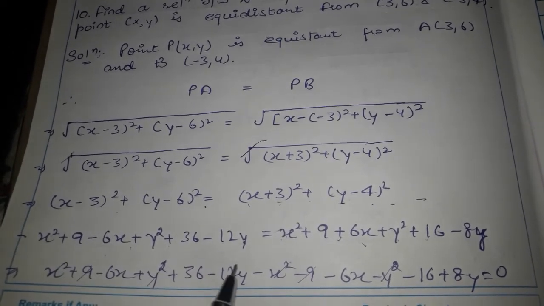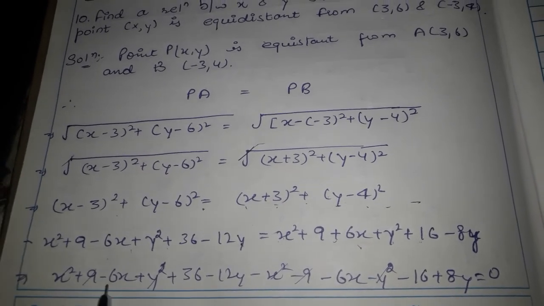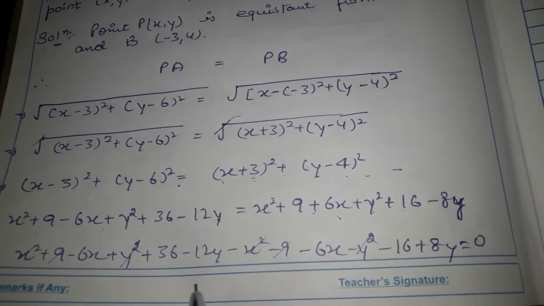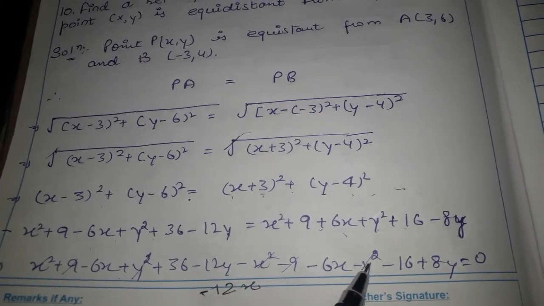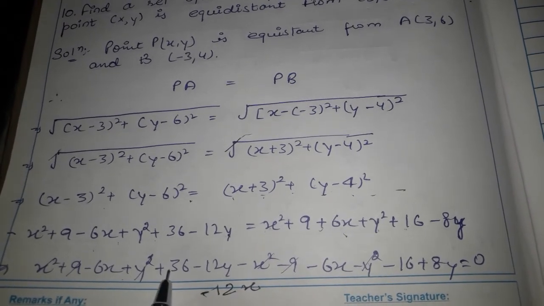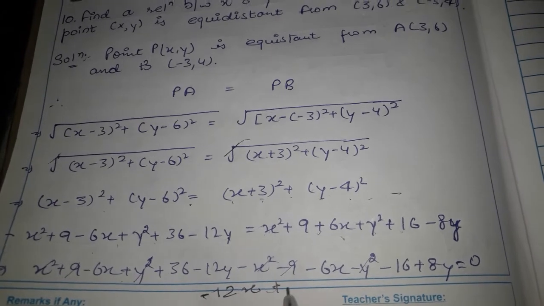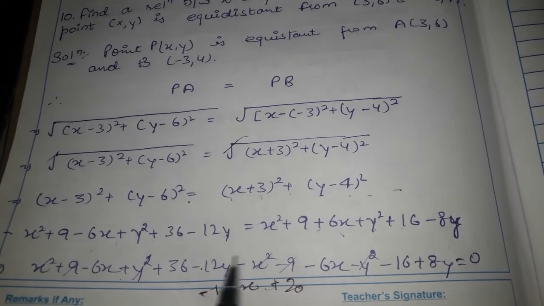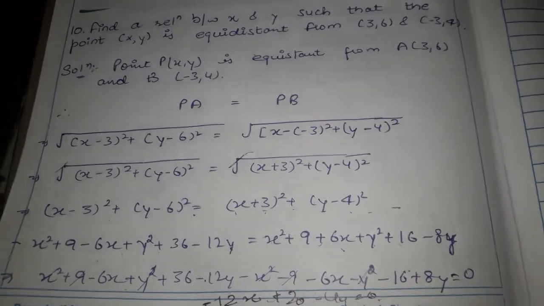X square positive will get cancelled out with the negative x square, plus 9 with the minus 9, minus 6x will be minus 12x, positive y square cancelled out with the negative y square, plus 36 minus 16 it will be plus 20, minus 12y plus 8y it will be minus 4y is equal to 0.